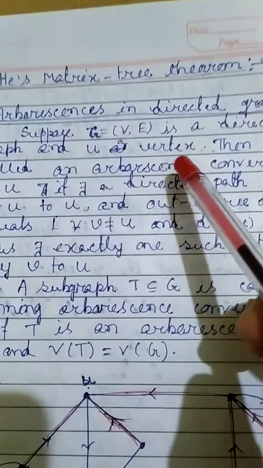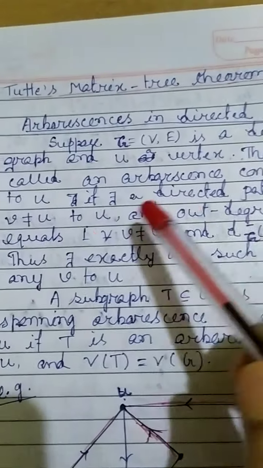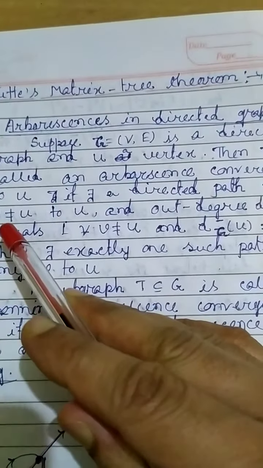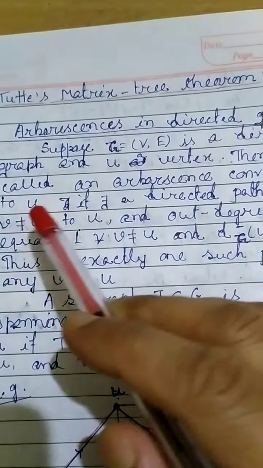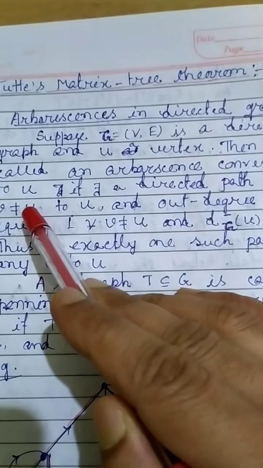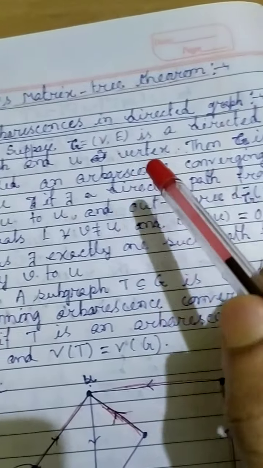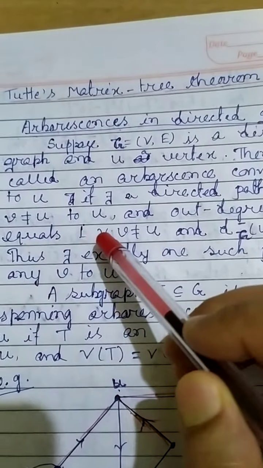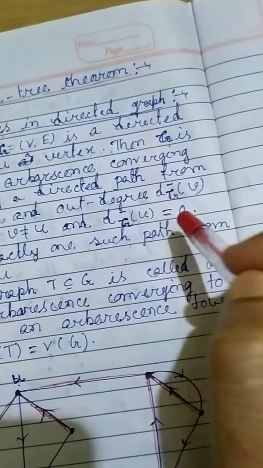if there exists a path from every vertex V not equal to U to U. That is, from every vertex other than U, there must exist a path, and the out degree of that vertex must be equal to 1 for every V not equal to U, and the in degree of the vertex U is equal to 0.